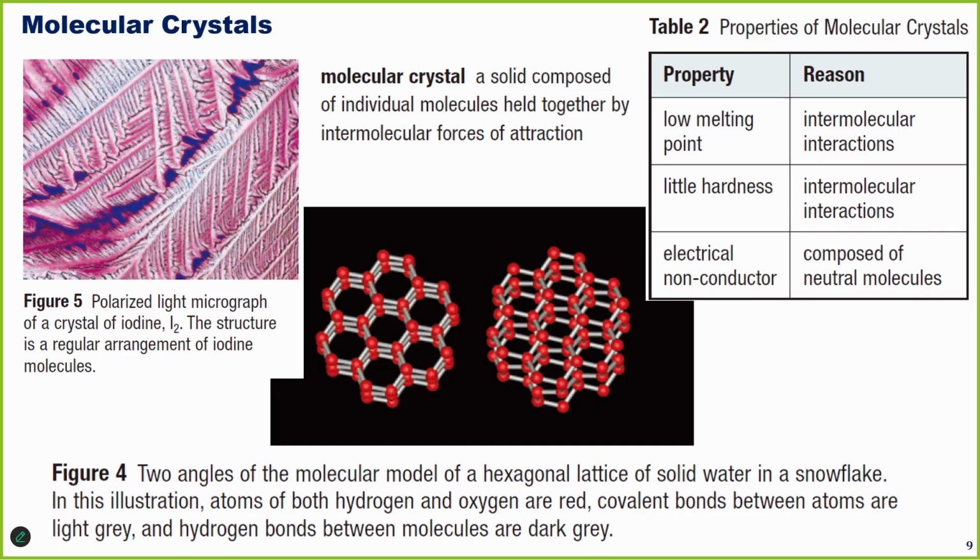Molecular crystals are similar to ionic crystal lattices, except that they are often more complex. For example, the molecular crystal of water can form several different types of structures in the frozen form, which is ice. So figure 4 here shows a symmetrical hexagonal structure that is often the form of ice in a snowflake.